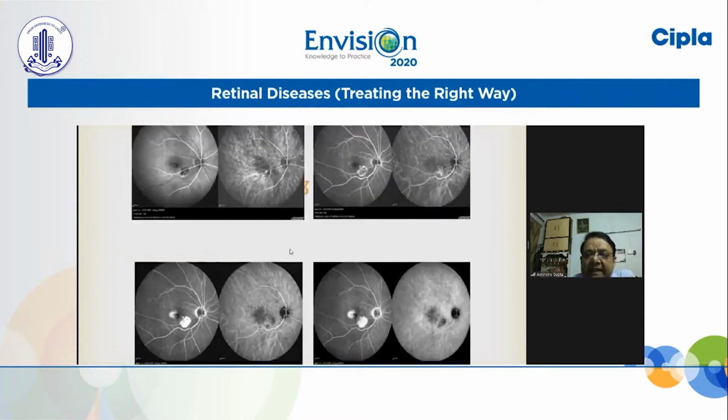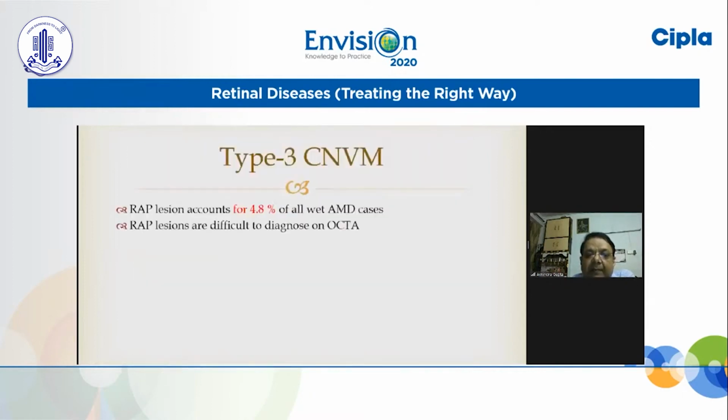Then I did an ICG, and in the ICG you can see there is a small hotspot which shows an active CNVM within the PED. So on OCTA, we were not able to diagnose the disease. Only on multimodal imaging, that is OCT, ICG, and FA, we were able to make a diagnosis of RAP lesion, which accounts for 4.8% of all wet AMD cases.